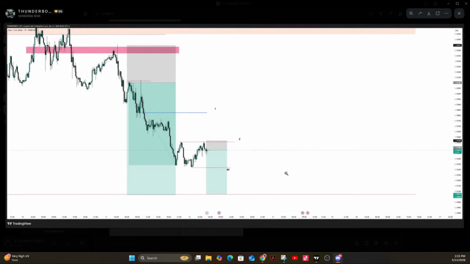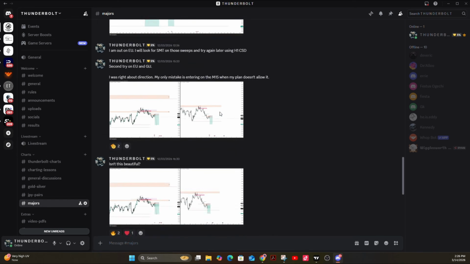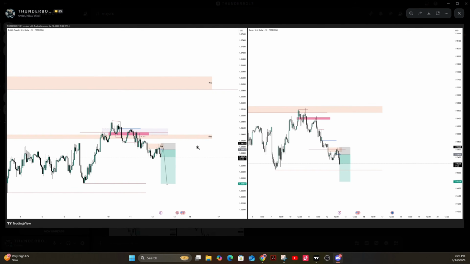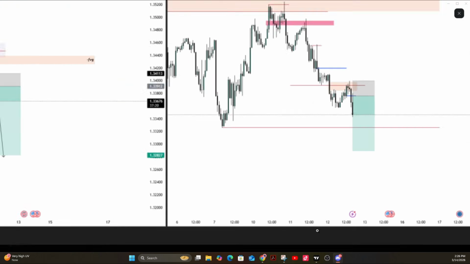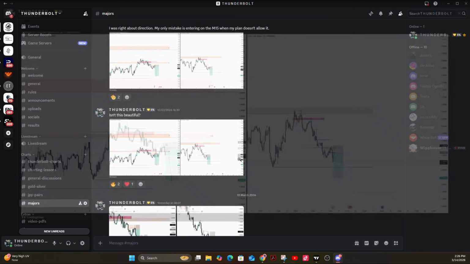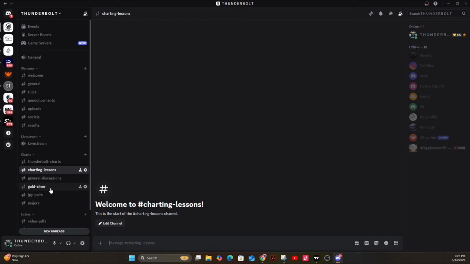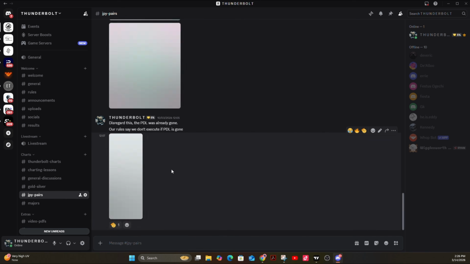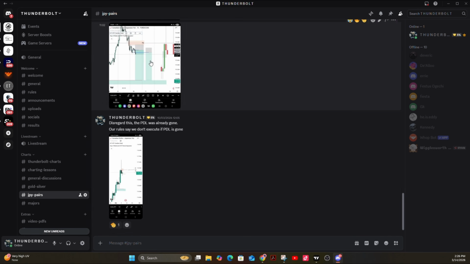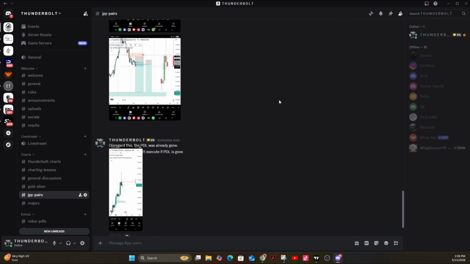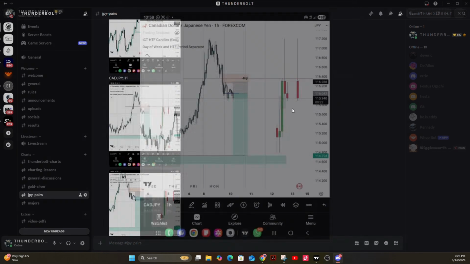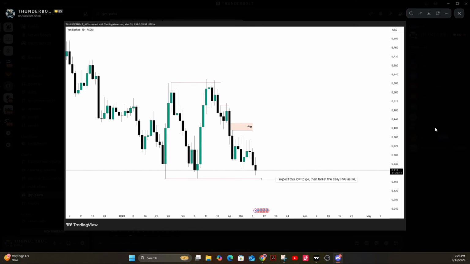After we took out this high over here, we took out that high into that fair value gap, sold. So I send all these things to the community. If you look at JPY pairs as well, same thing. I send all my analysis on time.